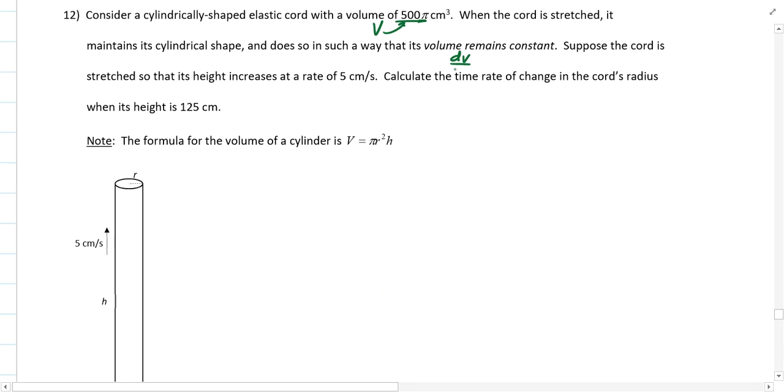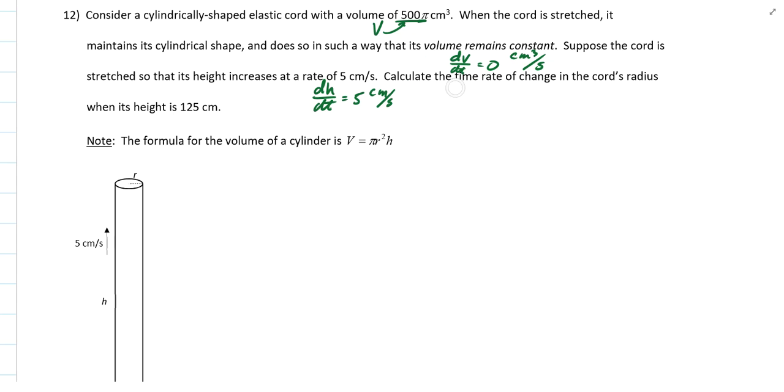So our change in volume with respect to time is equal to 0 cubic centimeters per second. That's important to note. The cord is stretched so that its height increases at a rate of 5 centimeters per second. So the change in height with respect to time is equal to 5 centimeters per second.